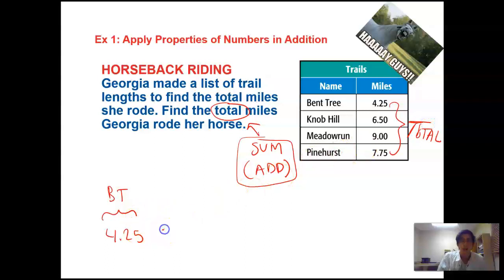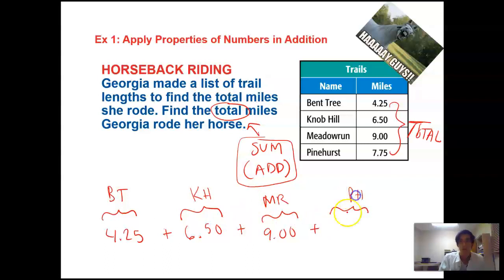So 4.25, and then for Nob Hill, I got 6.5, and then I have Meadow Run, I got 9, and then I got Pinehurst, 7.75. Okay, so that is one way to group it up.